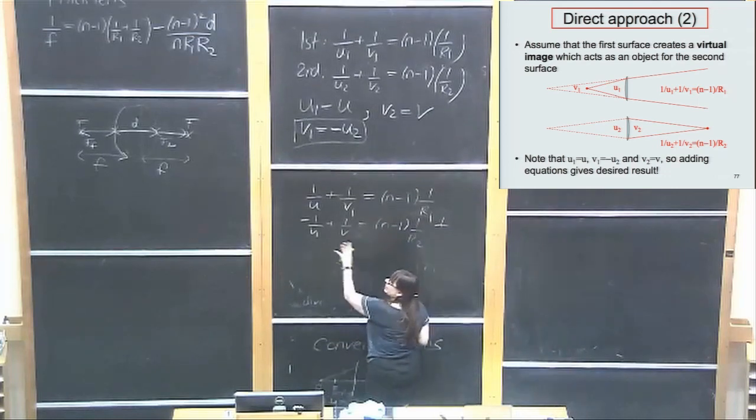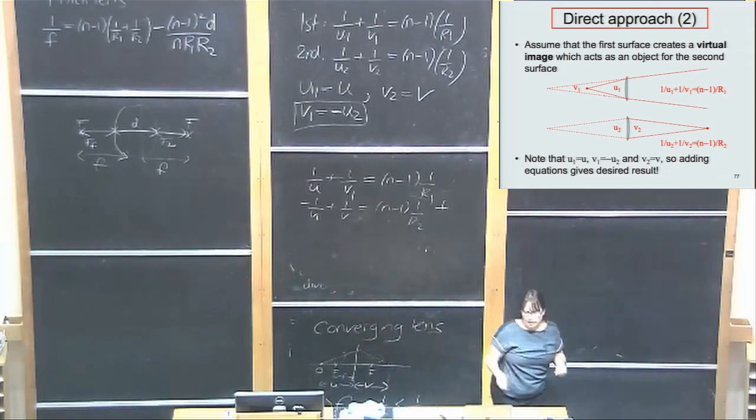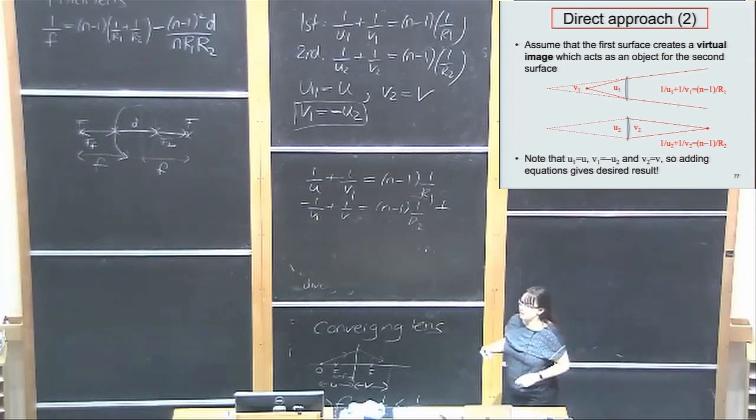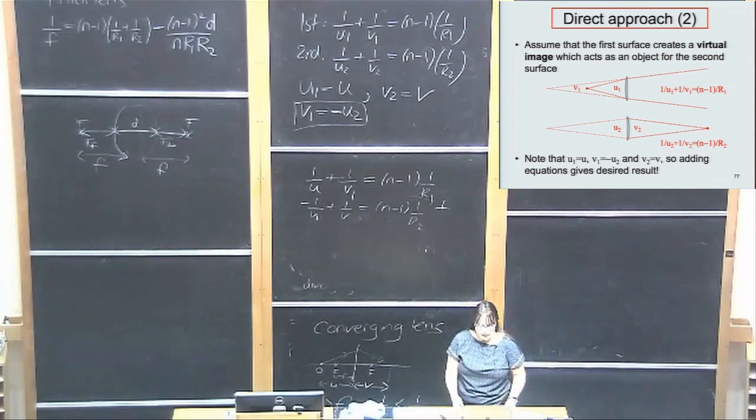So this is maybe a nice way of thinking about it. It's actually exactly the same argument as the deviation angle one, but just described in different language, I suppose.